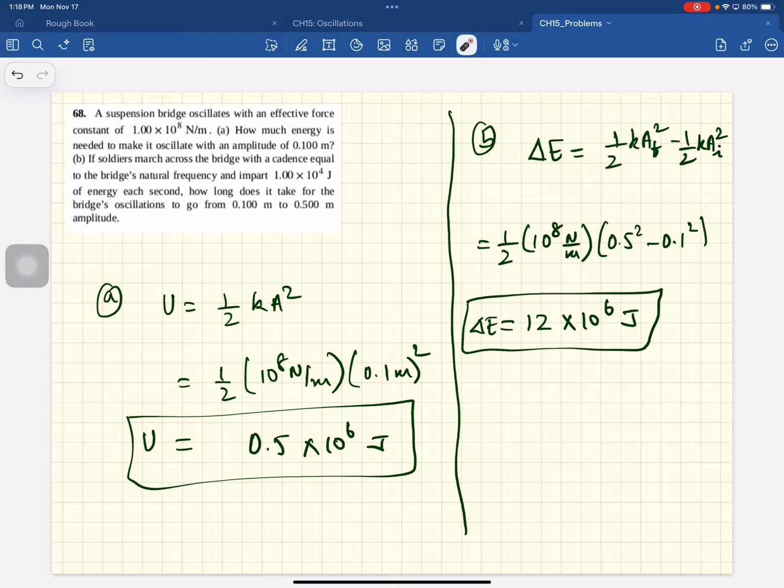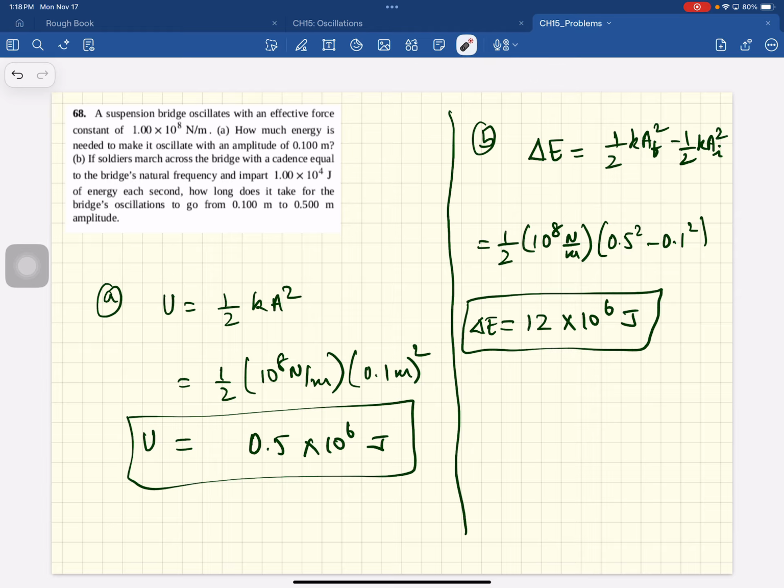Okay. And so what's happening? The ATP energy stored in your bodies is being transferred to the bridge. All right. How long does it take for the bridge to go from there to there? And potentially maybe you could compromise the bridge if it's oscillating at that amplitude.